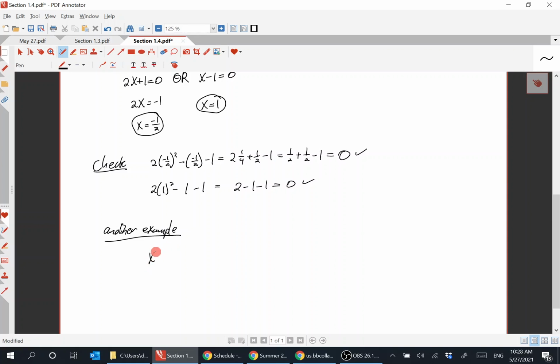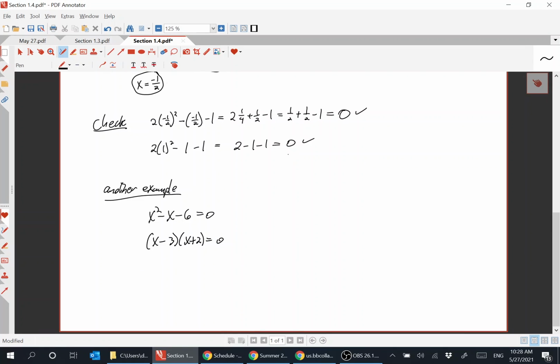X squared minus x minus 6 is x minus 3 times x plus 2 equals 0. So this means x minus 3 equals 0, or x plus 2 equals 0. Add 3 to each side, and you get x equal to 3. Subtract 2 from each side, and you get x equal to negative 2. So two solutions, 3 and negative 2.